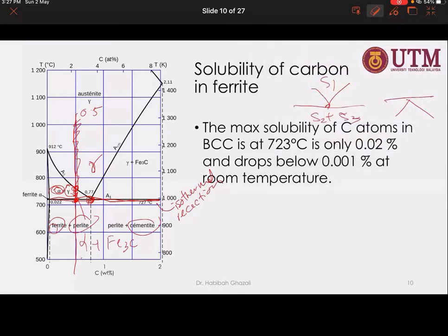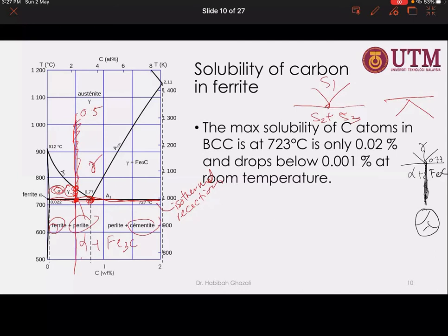So if we have this kind of isothermal reaction, we have austenite, and upon temperature reduction, it forms two phases, which are alpha plus cementite. So exactly at this point, which is 0.77% carbon, remember what the microstructure is?